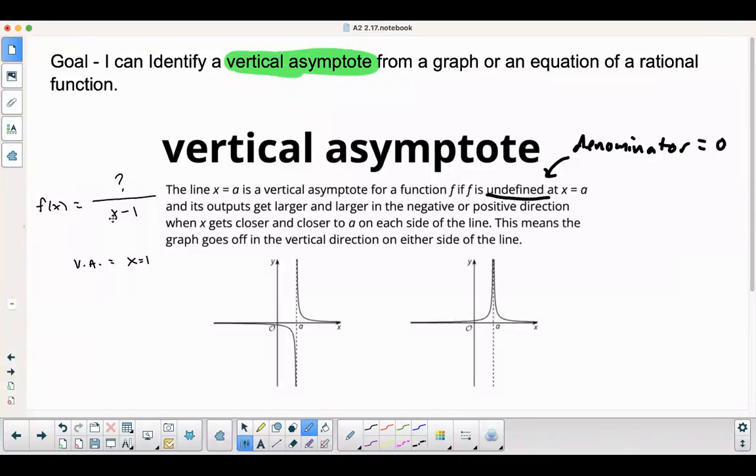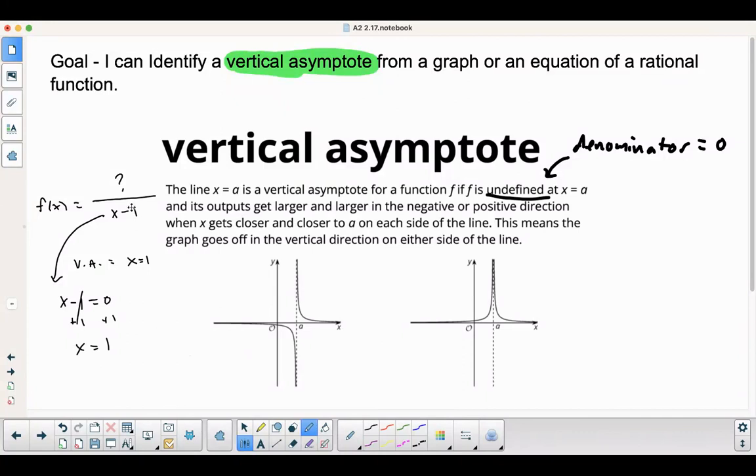Because if I plugged in 1 here for x, I'd get 1 minus 1. That would give me 0 in the denominator, which is not possible. You can't divide by 0. So, another technique is you could take the x minus 1, if you can't see it or mentally do it, and just set it equal to 0. Solve that equation. Boom, we get x equals 1.